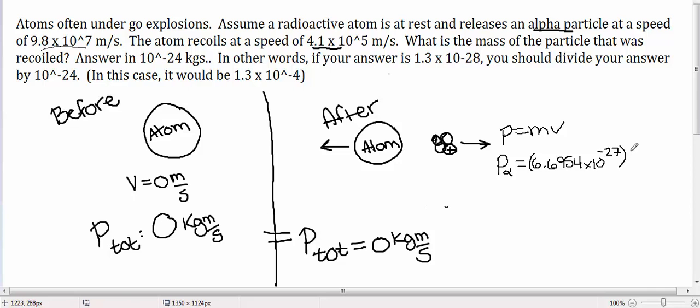We also know the velocity of this alpha particle was 9.8 times 10 to the 7th meters per second.